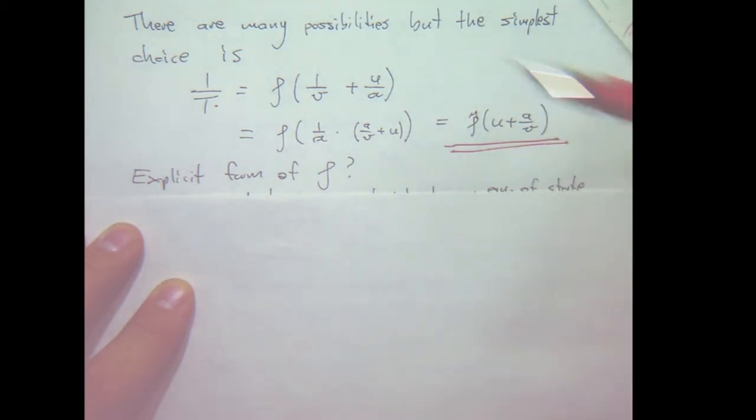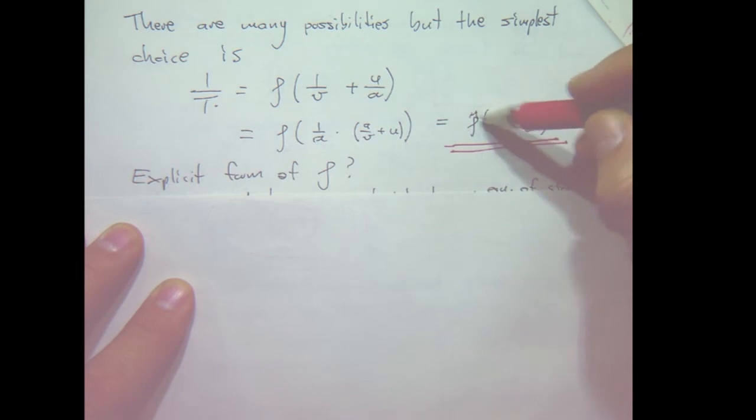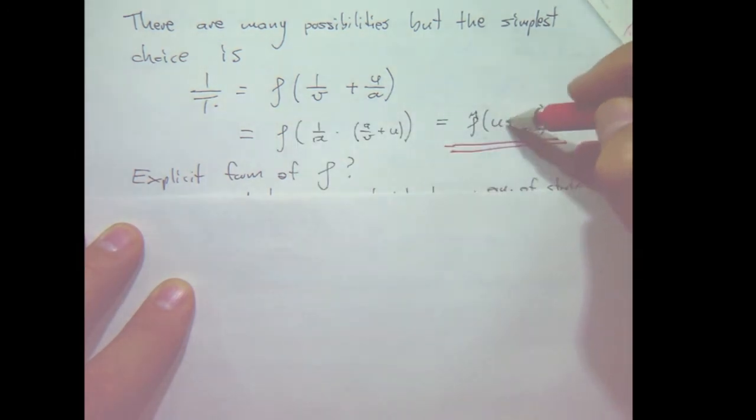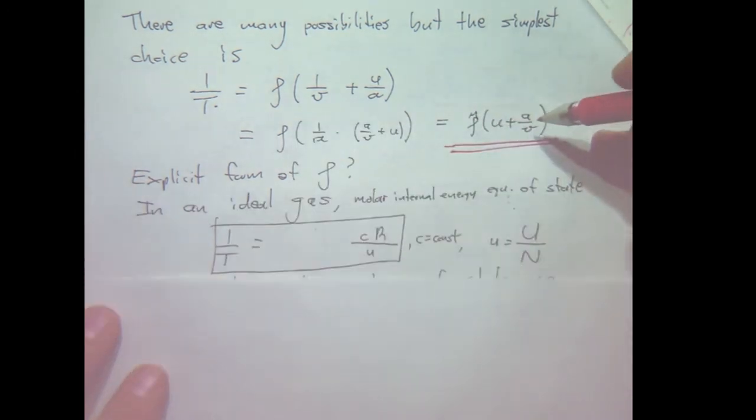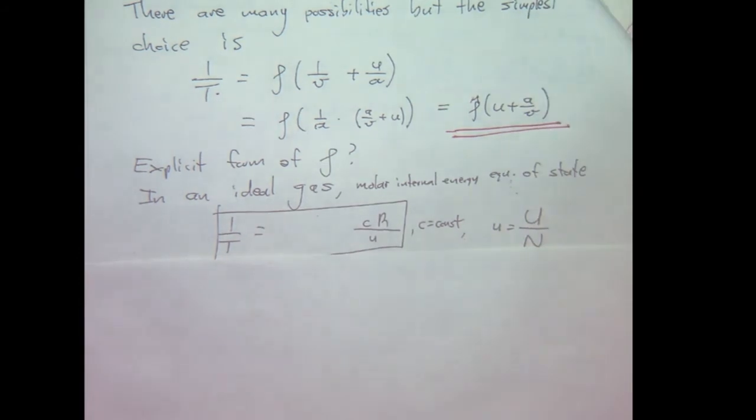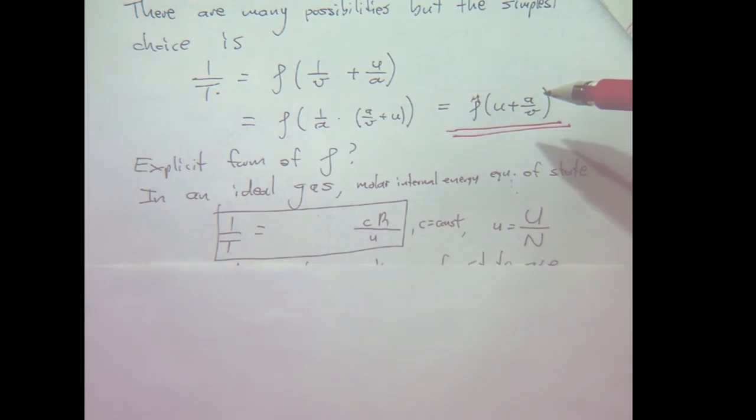From the information we're given, we know that 1/T must be some function of u plus a/v. Which function do we choose? Obviously, there's no mathematical uniqueness. But what we can do is argue for the simplest function based on what we know.